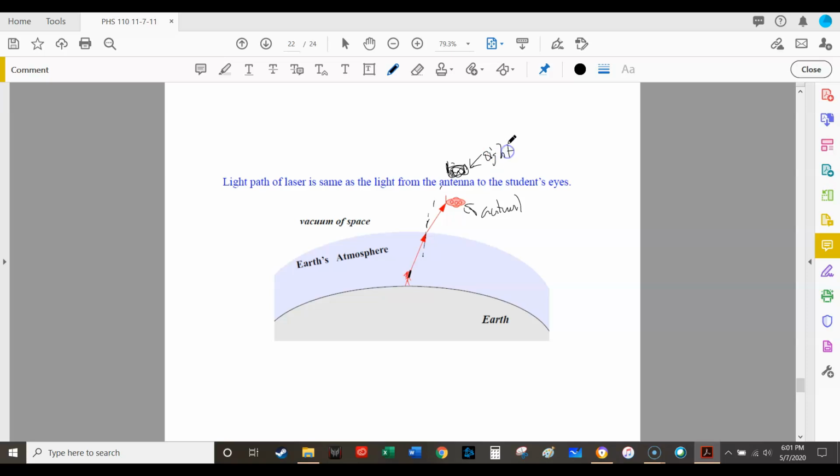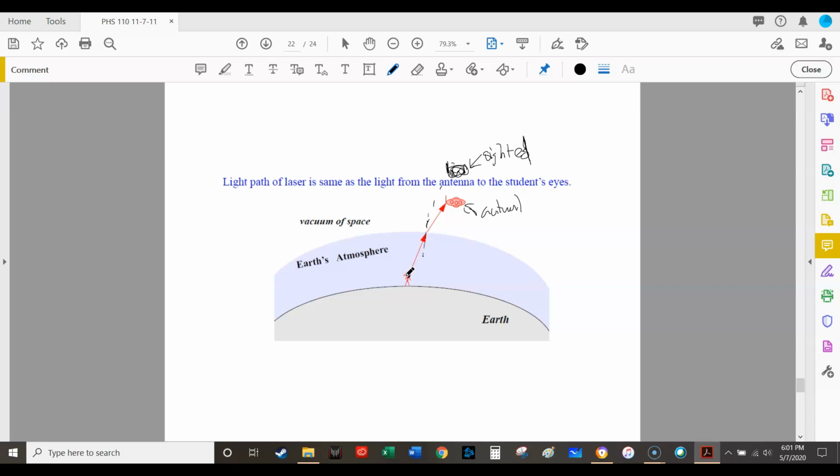Or apparent space station, right? The fake one, the one where it appears to be, is up here. But the actual one is here. So if you shoot it with a laser beam, it's just going to follow the refracted same lines that the light from the space station follows when it comes to hit your eyes.